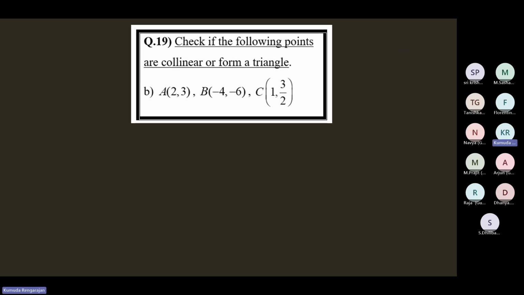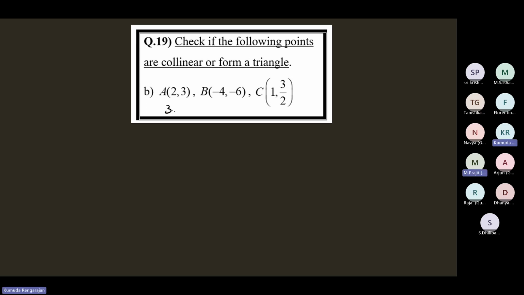Yeah, for this one, AB, BC, and AC. AB is 3 root 13.